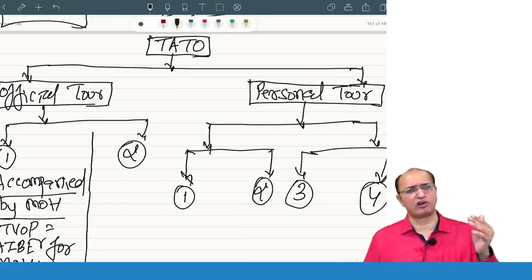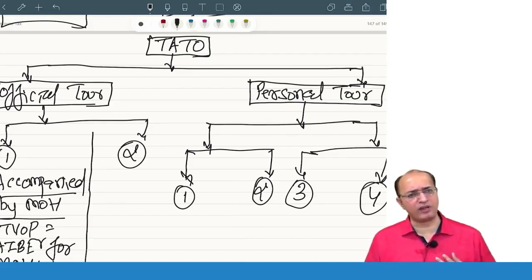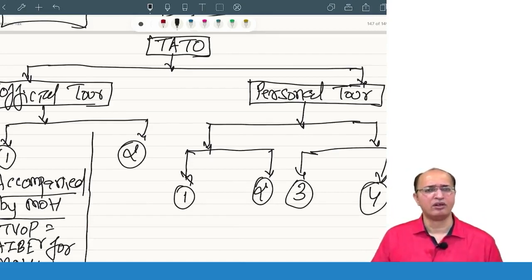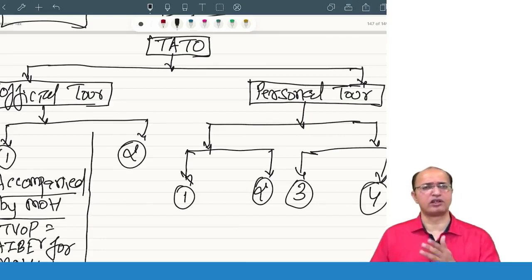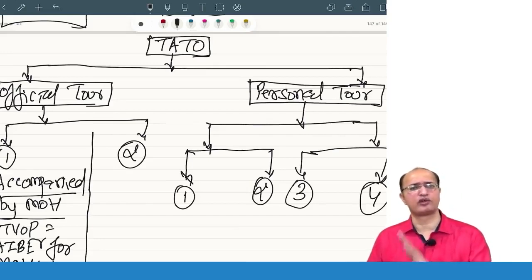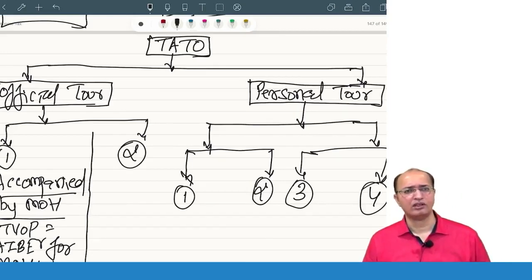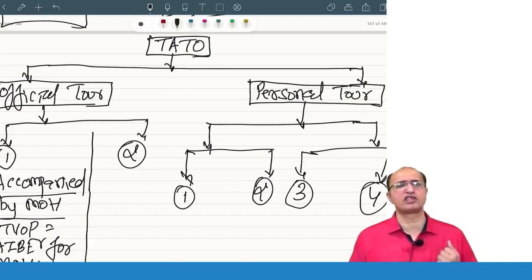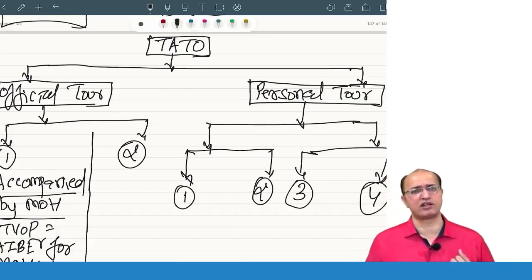So whatever cost Inside Commerce Studies is incurring, they are incurring for me as well as my wife. They have to incur flight cost, stay cost, and food cost for two persons. Whatever expenditure they are incurring for me is incurred for official purpose, because I am on an official tour for taking the lectures.